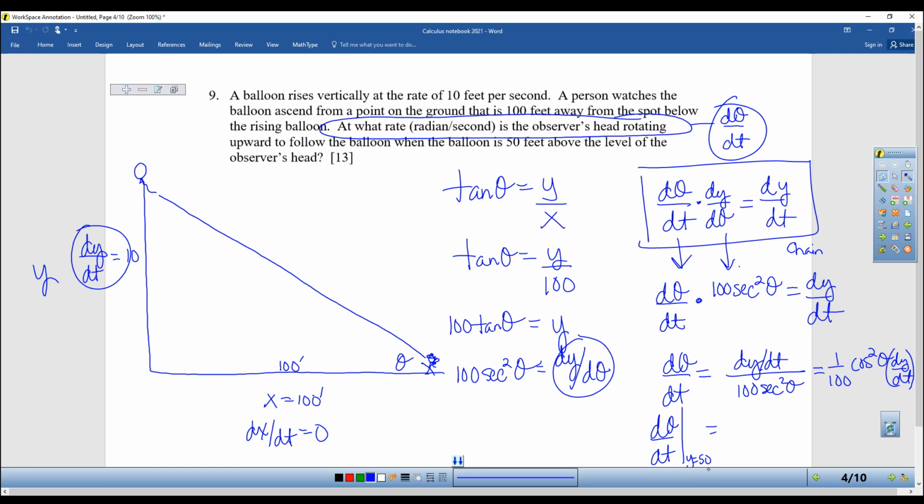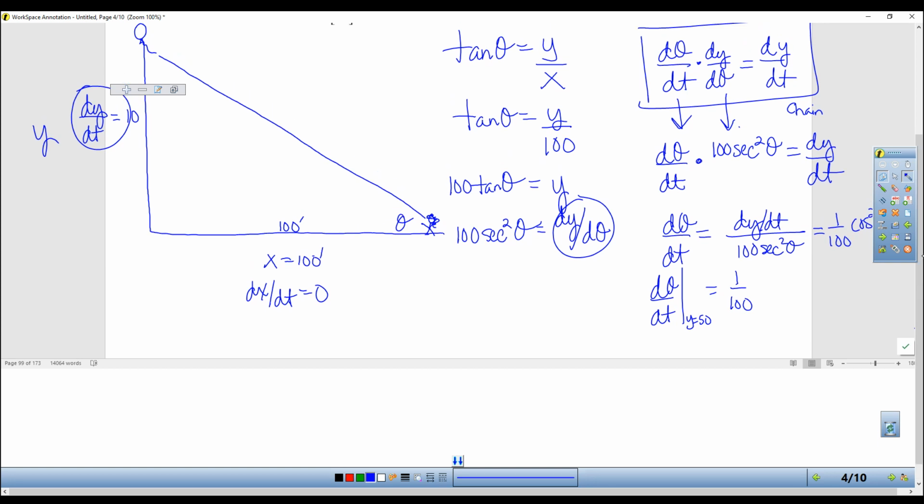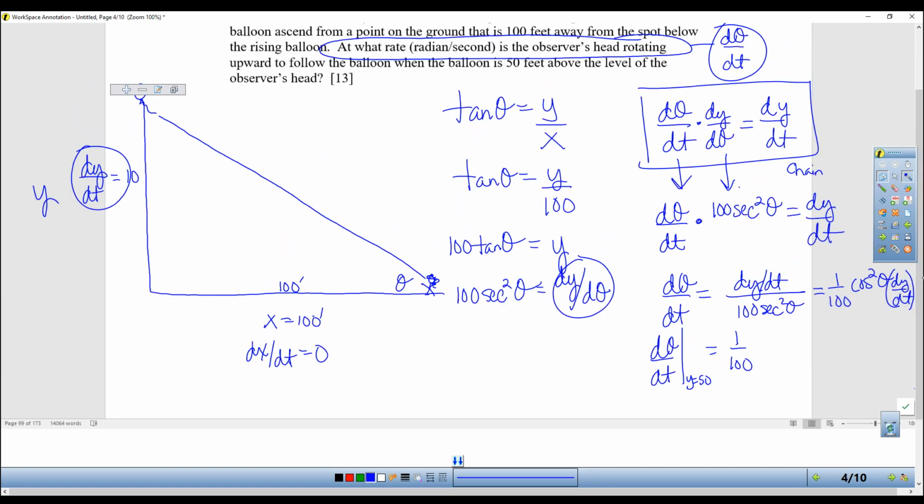But we can actually work with this. It's okay because we actually don't need to find the angle in order to find the answer. Do you know how to find cosine of theta if you know that this is 50 and this is 100?